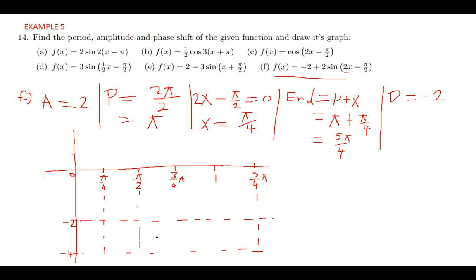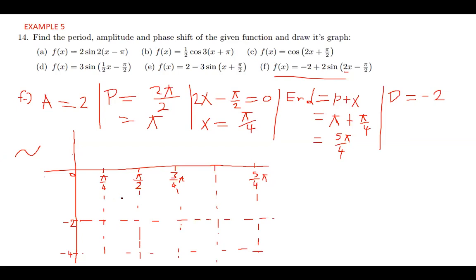So I'm just sketching these points so that it's not difficult for me to come and sketch my graph. So I know this is a sine graph, and this sine is positive, so meaning it's going to come out like this. So my starting point is pi over 4, meaning I'm going to start from there.